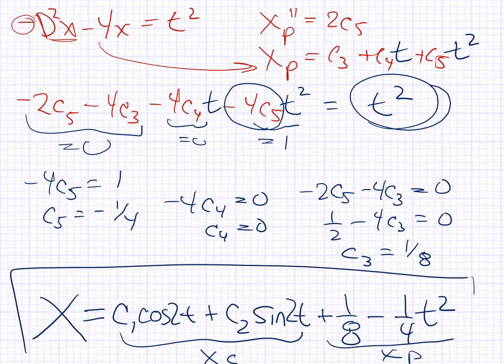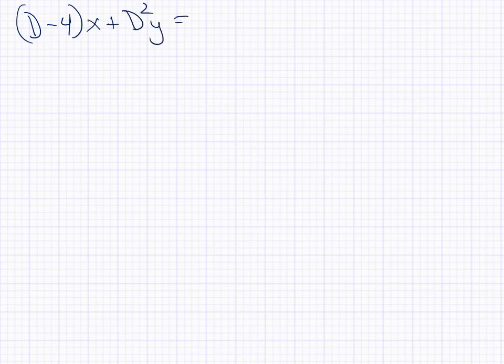All right, so there's 1. Okay, now we got to do the whole thing over again for y. And then eventually, maybe we'll try and get rid of some of these parameters, C1, C2. All right, let's do this all over again for y. So let's get back to our original differential equation in operator notation. D minus 4x plus d squared y equals t squared.